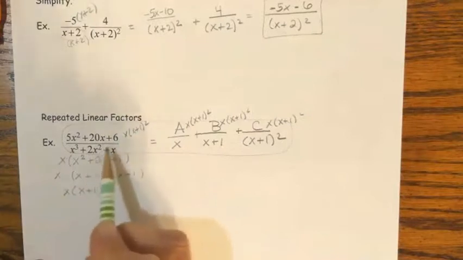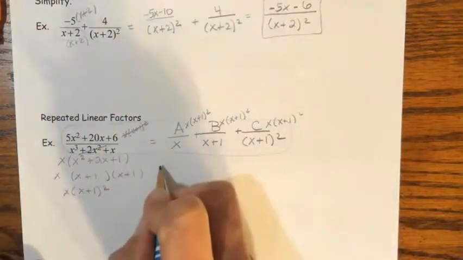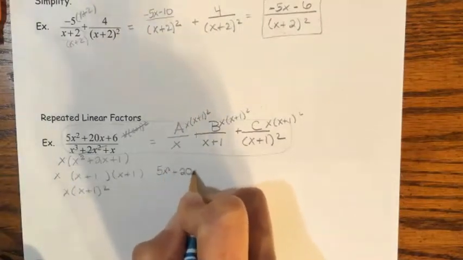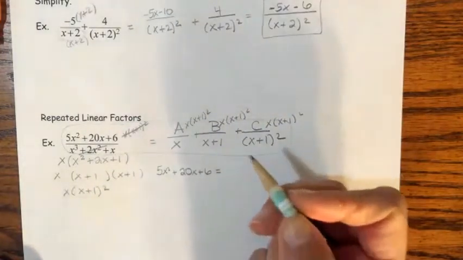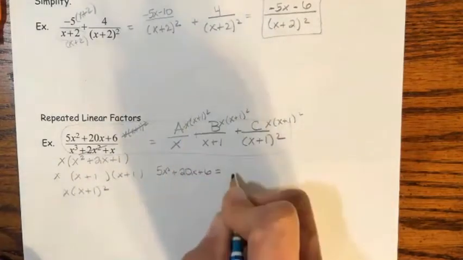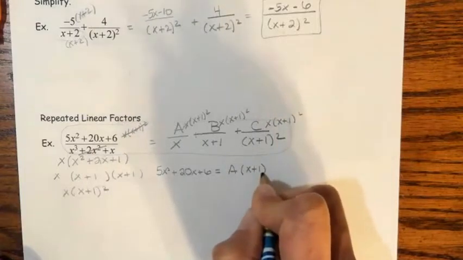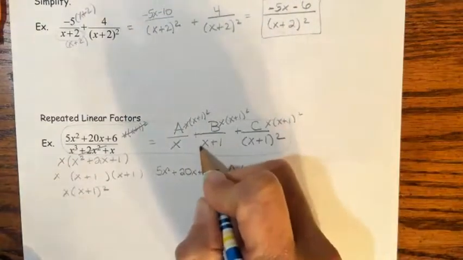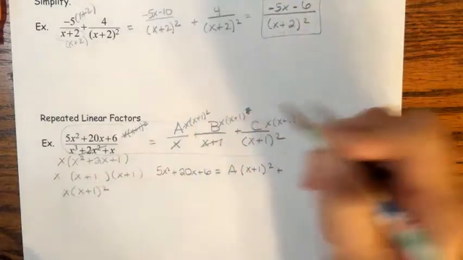So we said that this is the same thing as that, so that whole thing cancels. So I'm left with 5x squared plus 20x plus 6 equals, this x will cancel with this x, so I'm left with a times x plus 1 squared plus, here this x plus 1 cancels with one of these x plus 1, so I'm just going to get rid of that exponent.